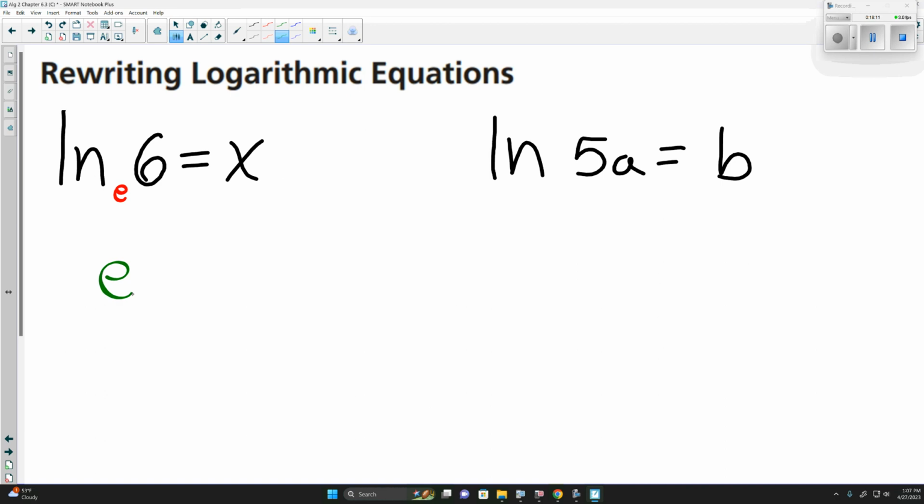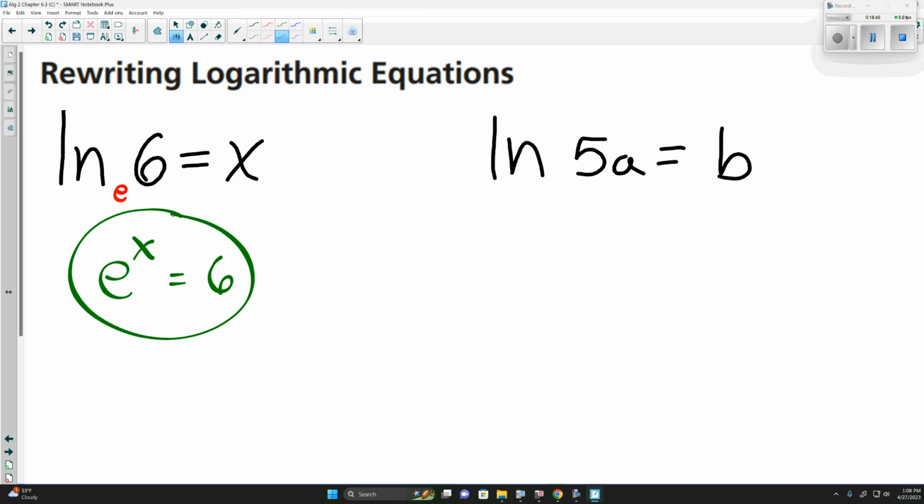So we'd have e to what? x. e to the x is equal to 6. It works the exact same as our logs, because we move the number up top and set it equal to 6. And that's it.